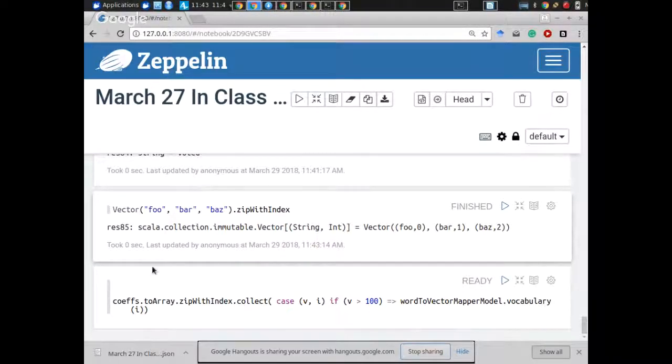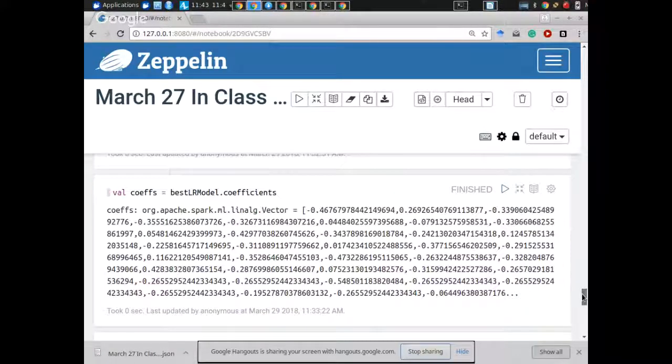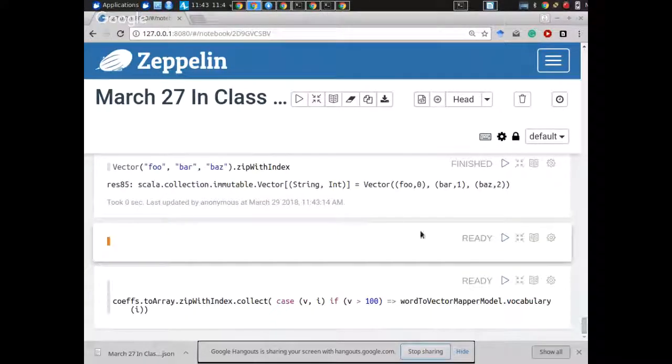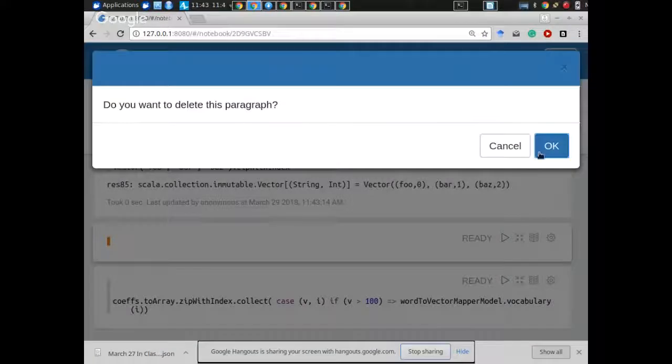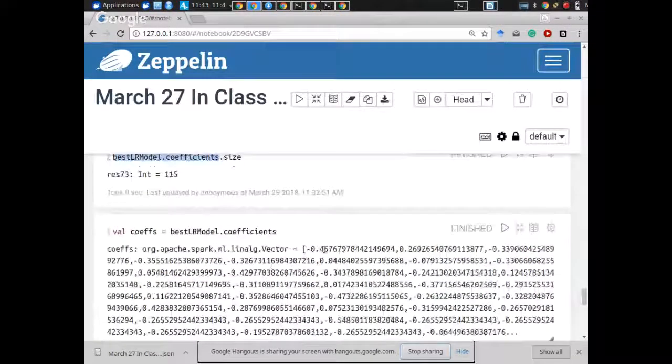So these coefs, we saw them above, right? Each of them is going to be zipped up, as it were, into a vector of pairs. The first element of the pair is going to be the coef value.